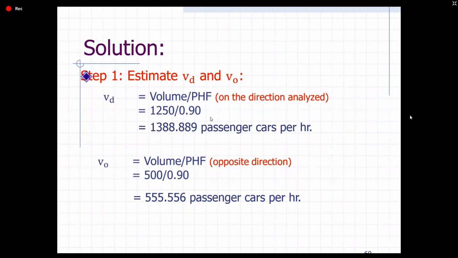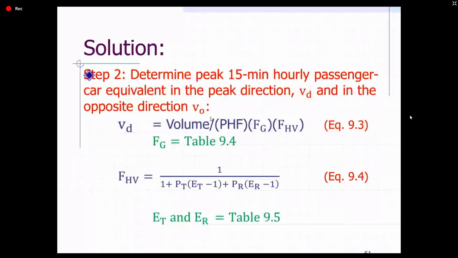So, next is kailangan lang nating i-determine first yung V sub P natin. That is your volume divided by your peak hour factor multiplied by your FG multiplied by your HV. So, siguro, kunin muna natin yung FG natin. Still, this is table 9.4. And then your FHV, we are now going to use your table 9.5.